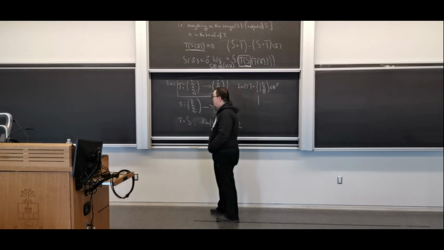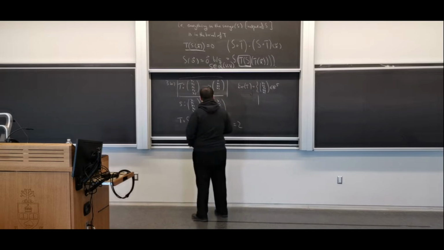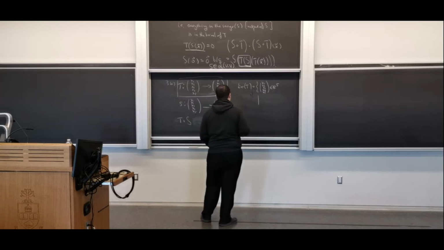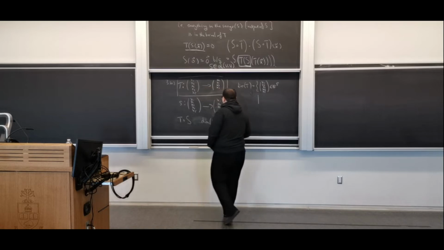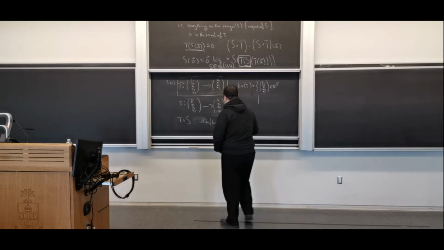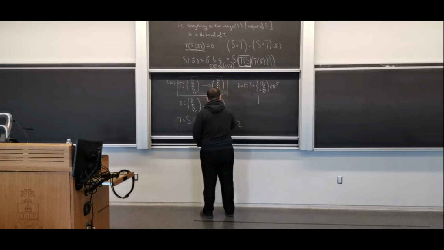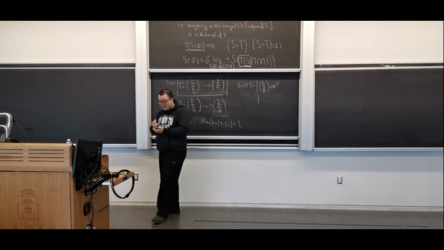So I guess, God damn it. Should not have done that. I have just figured out what my problem is. This is actually the kernel dimension 2. Let's call this x1. Let's call this x2 and this x5. There, that'll do. I have made a grave mistake.